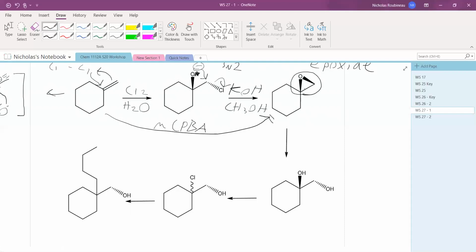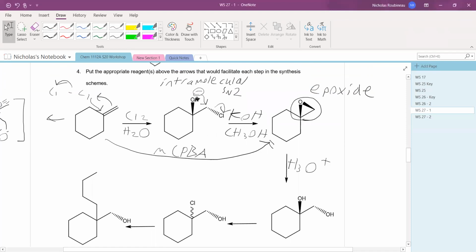In terms of what you've learned this semester, I'm assuming he's just going to want to stick to what he showed you, which is using an acid, so H3O plus. But KOH also opens epoxides. If you were given multiple choices, I'm pretty sure the acid would be the correct response this semester.